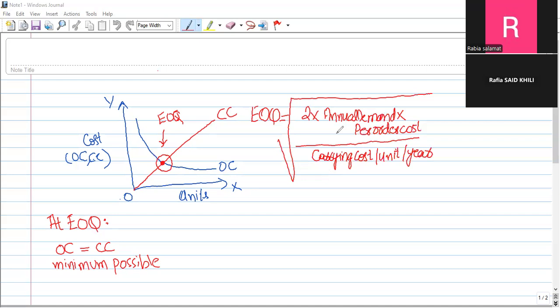So please keep in mind the formula, there is no change in the formula. You have to calculate each element as required by the formula.